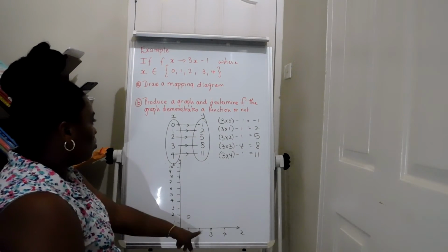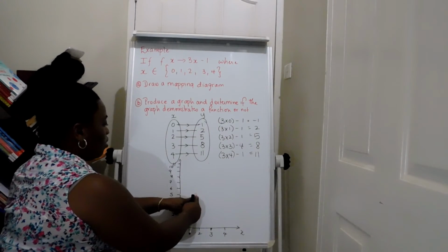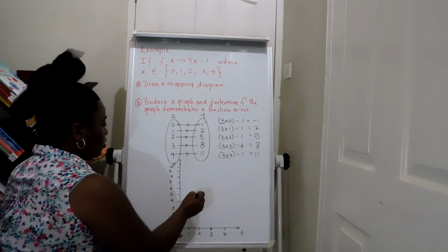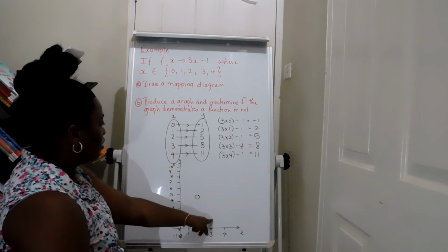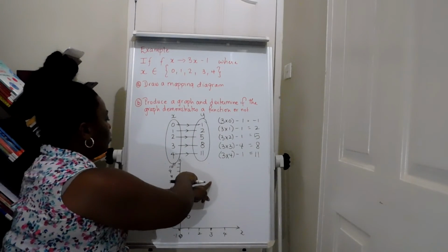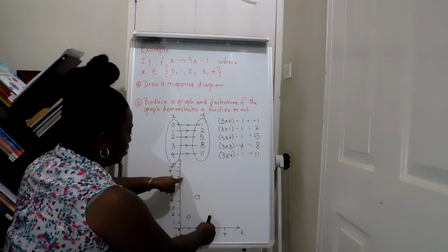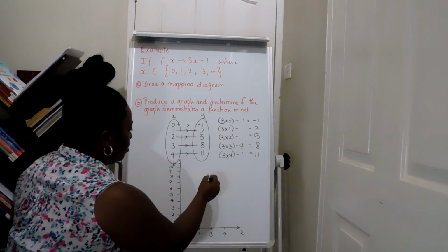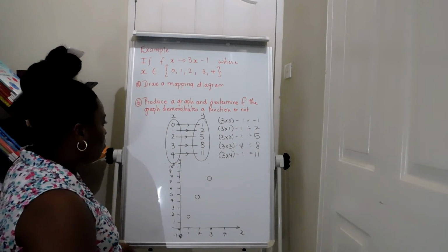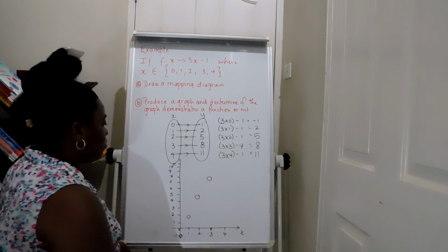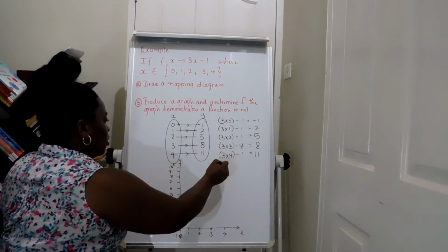When x is 2, y is 5, so we're moving across and moving up. When x is 3, y is 8. So basically we're doing this, zoop, like a zip. See? Zoop meets dot right there. Get it? When x is 4, y is 11, so we're going up again, and we get a straight line graph.